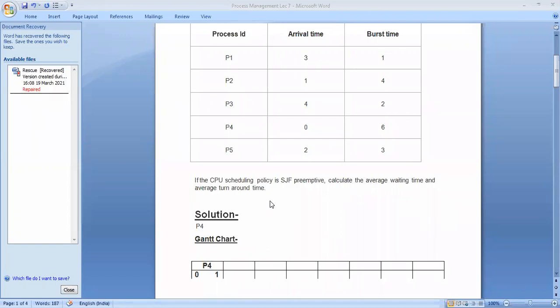Yes, now screen is visible. Sorry, one second. So now we start.